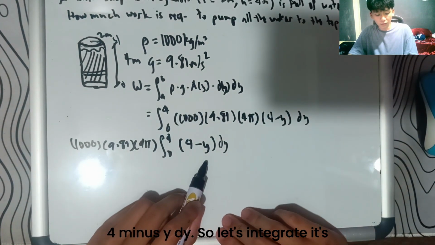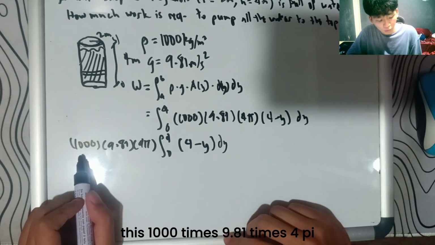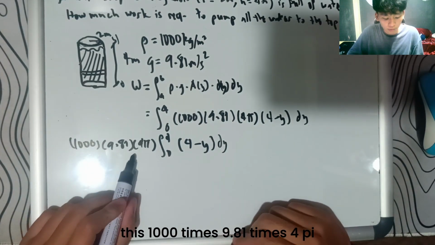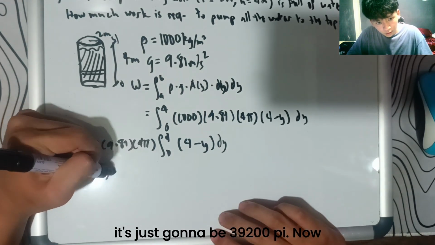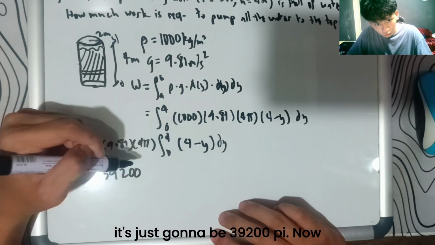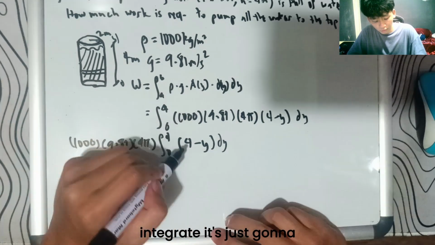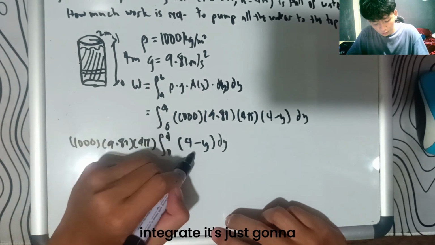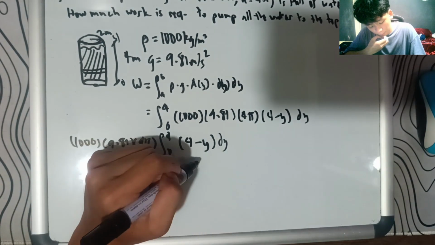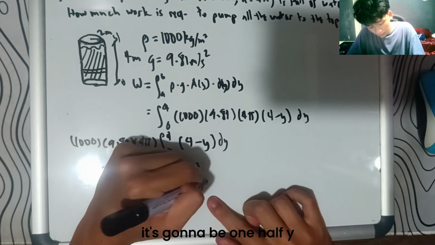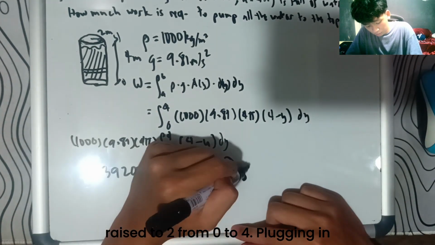So let's integrate. If we solve this, 1000 times 9.81 times 4 pi is just going to be 39,200 pi. Now integrate, it's just going to be 4y minus, using the power rule, 1/2 y raised to 2 from 0 to 4.